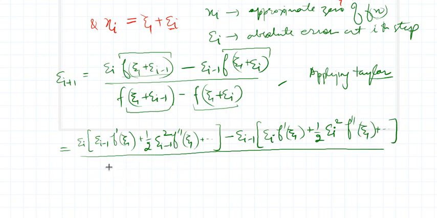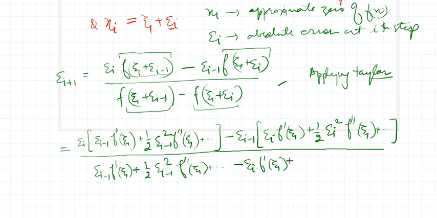So it is ε_{i-1} f'(ξ) plus 1/2 ε_{i-1}² f''(ξ) and so on, then minus ε_i f'(ξ) minus 1/2 ε_i² f''(ξ).